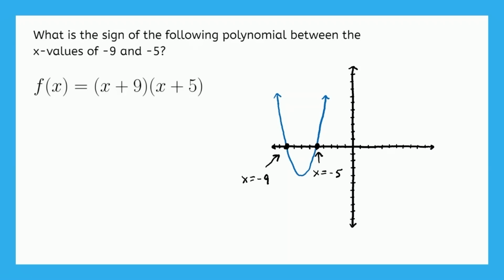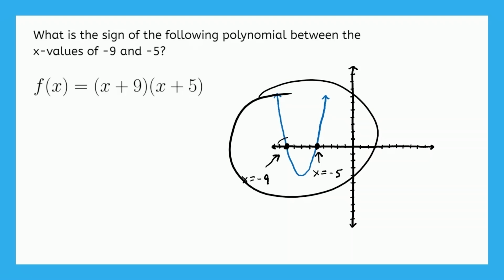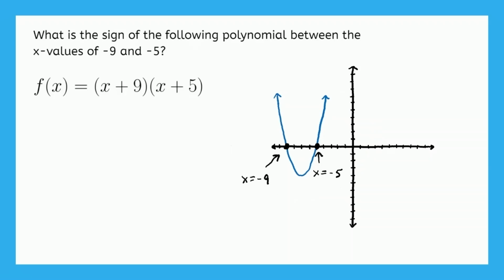They say, what is the sign, that is positive or negative, of the polynomial between the x values of -9 and -5? Okay, well, where is our polynomial between x equals -9 and x equals -5? Starting at x equals -9 and then going right, all this is the polynomial. So now what is the sign of that portion of the graph?